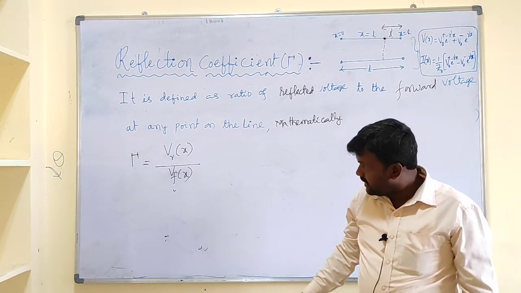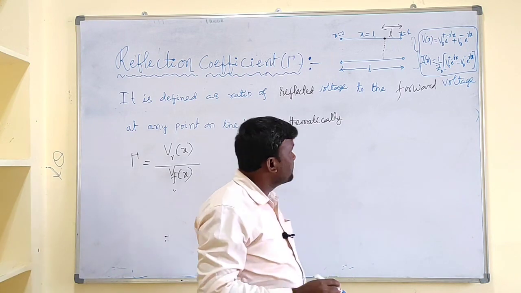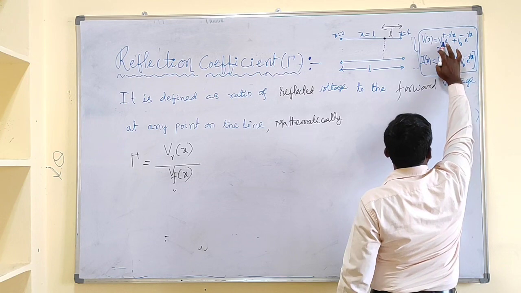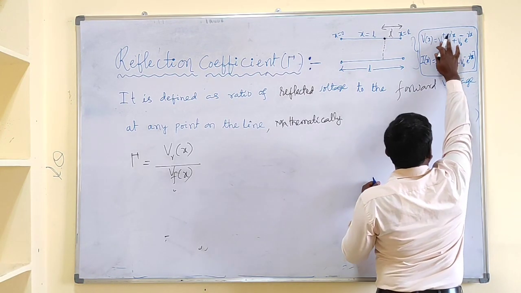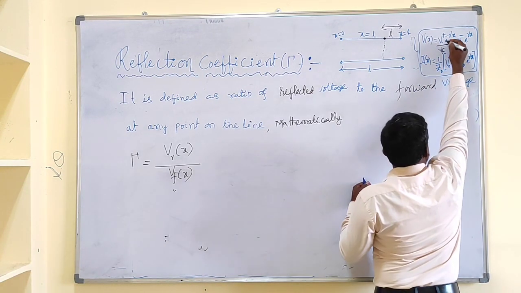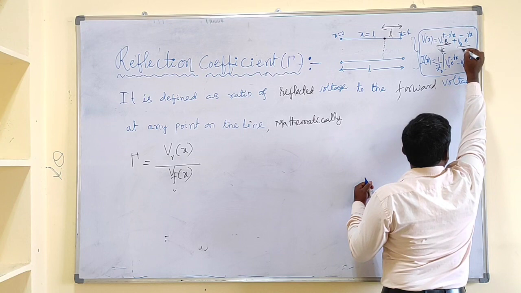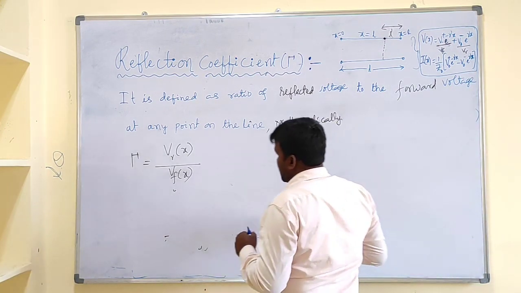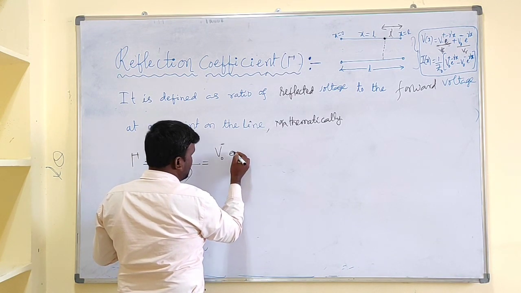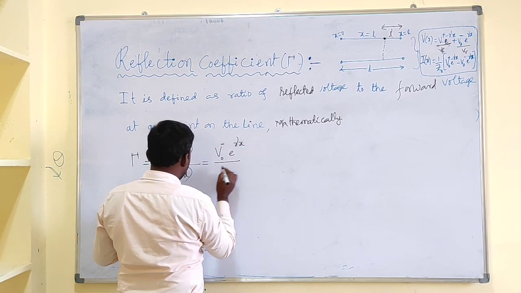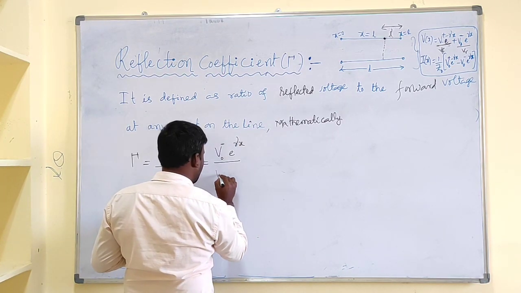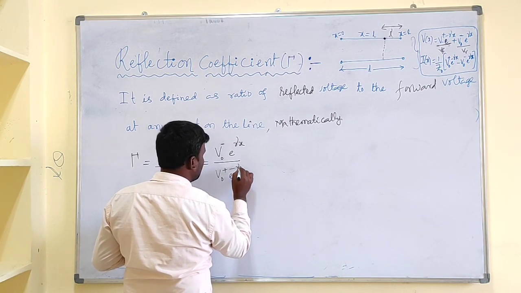So here, the first one is the forward voltage, that is V0 plus e to the power minus gamma x, and this is the reflected voltage VR. Now VR of x can be written as V0 minus e to the power gamma x, and the forward voltage is the first one, V0 plus e to the power minus gamma x.